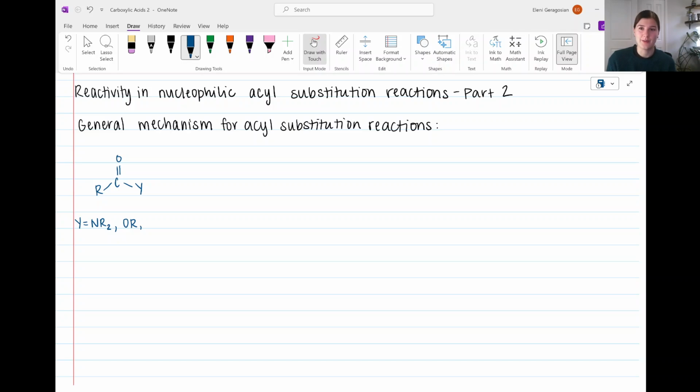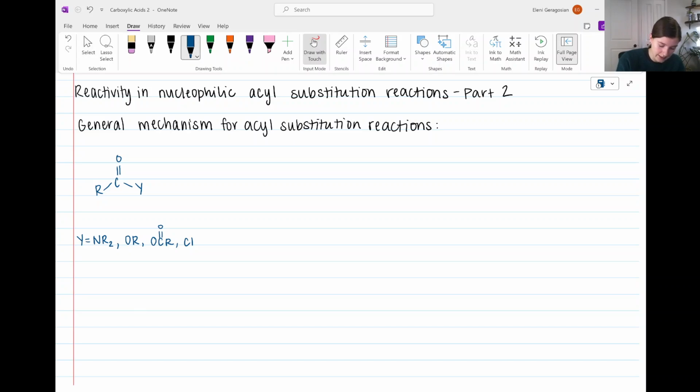If we are starting with an anhydride, then Y is an O, carbon double bonded to oxygen, and then R group, so that would give us an anhydride. And if we start with an acid chloride, then Y would be a chloride. I'm going to scooch these down to give us a little more room. Again, this is a general mechanism scheme, and we'll talk more specifically in future videos.